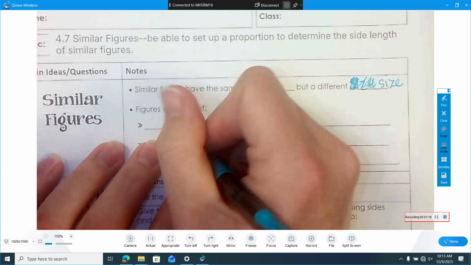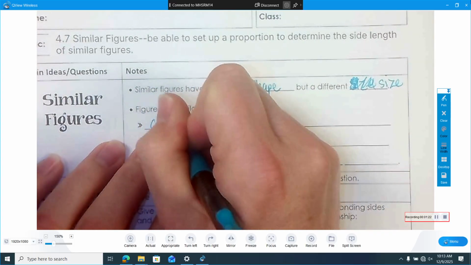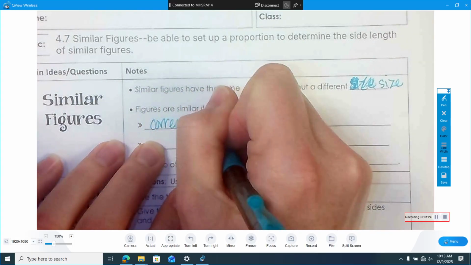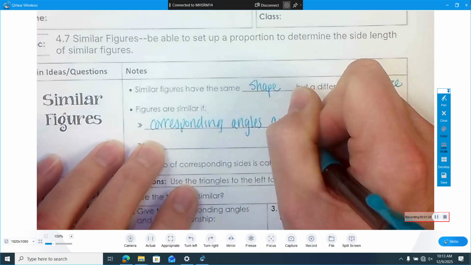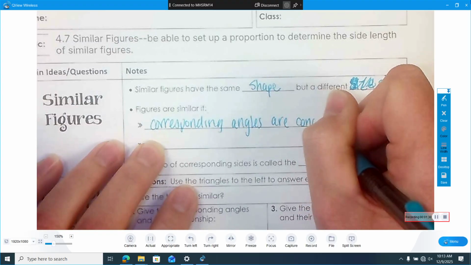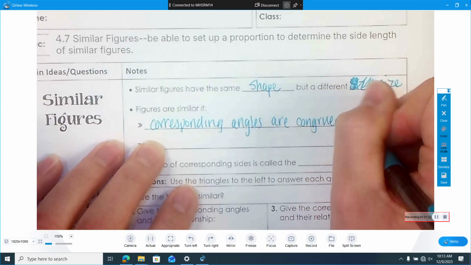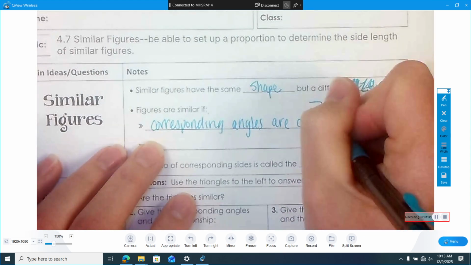Figures are similar if corresponding angles are congruent. Have you heard that word before? No. It means equal.